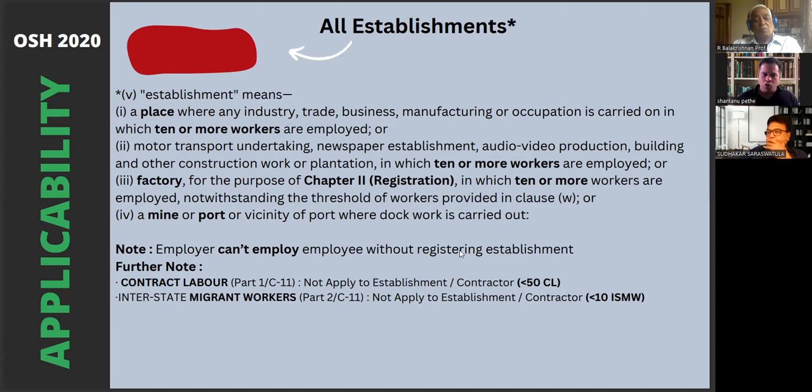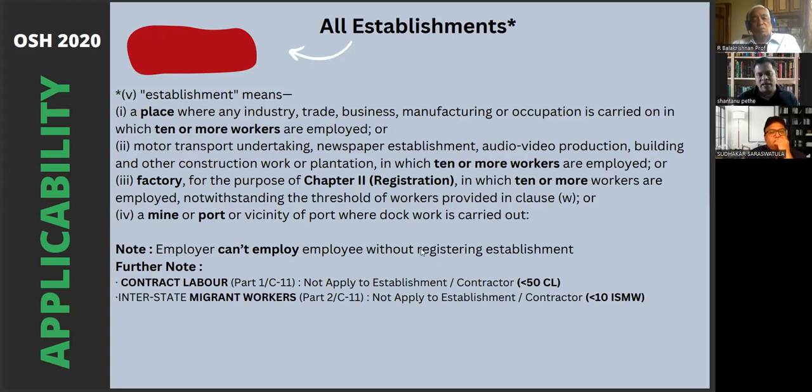If you want to be a contractor providing contract labor, and you have 50 or more contract labor under you, then you have to apply for the license. If you have less than this figure, then there is no need to apply for the contract labor license. This is a separate license under Part 1 of Chapter 11. So this is the threshold as far as contract labor is concerned.